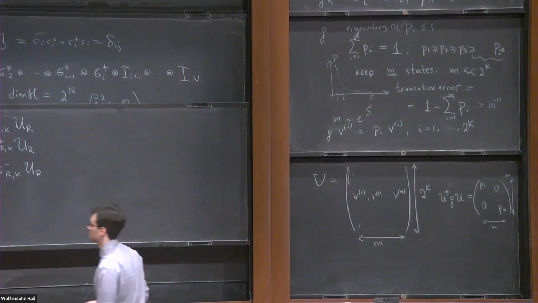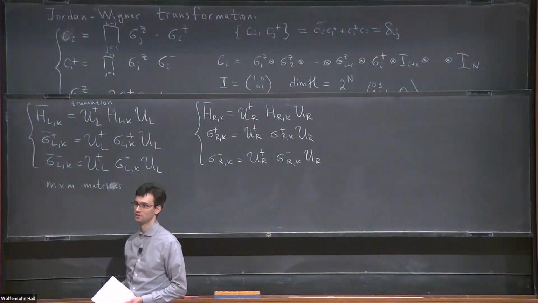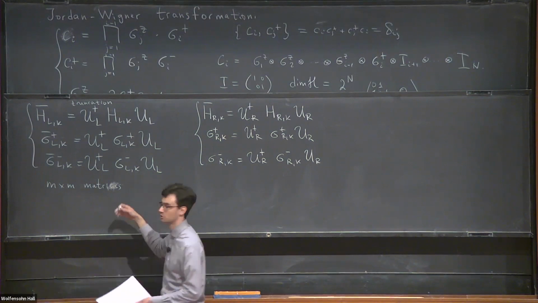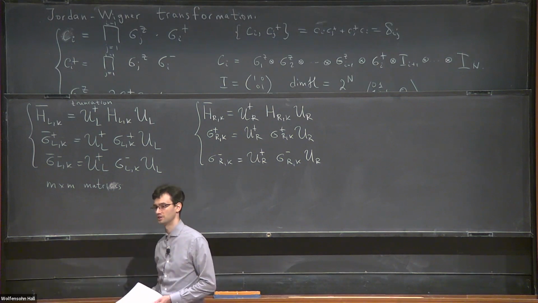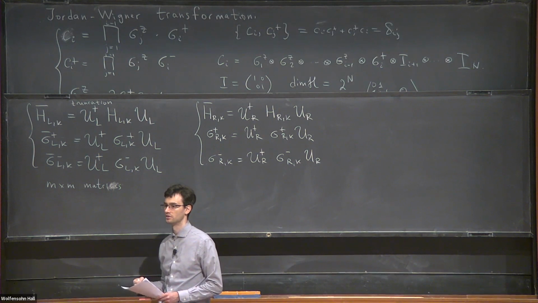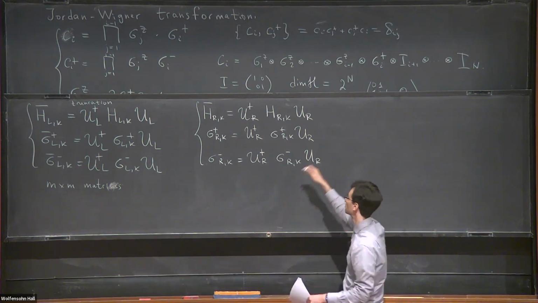Essentially, if I keep only m states, the size of the Hamiltonian of my superblock will be fixed. It will be 2m squared times 2m squared, and it will be the same for as many sites as I want to add to my system. Let me finish this.